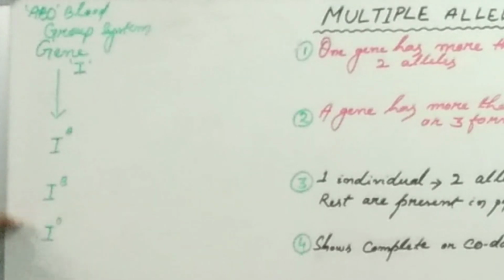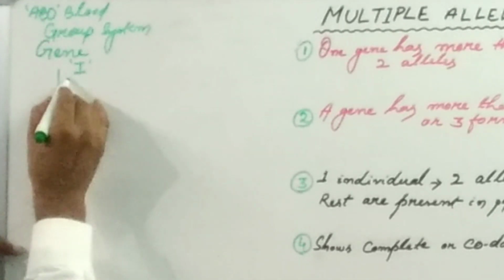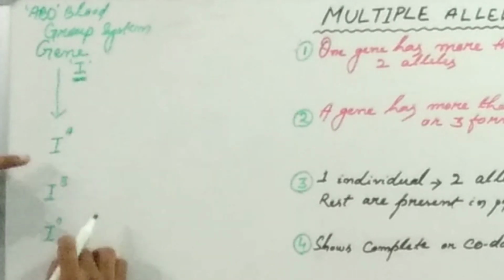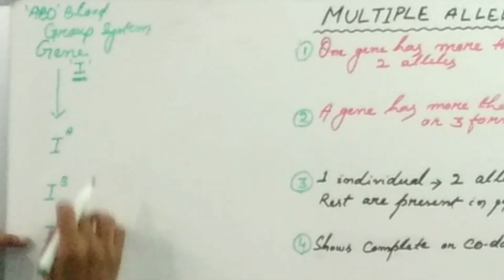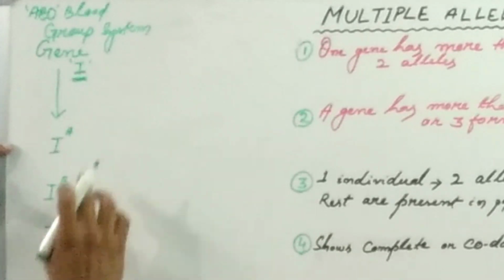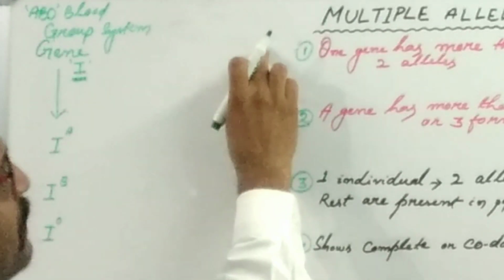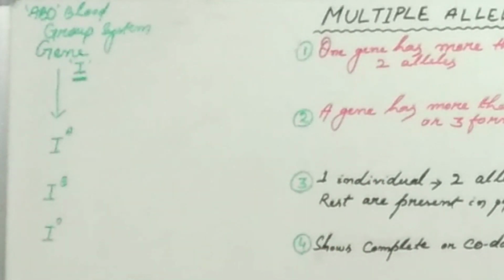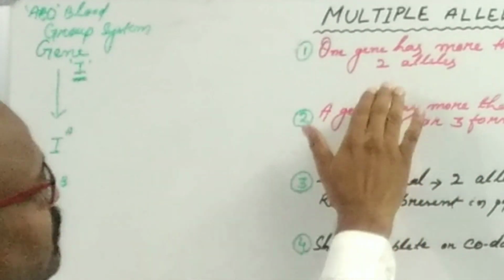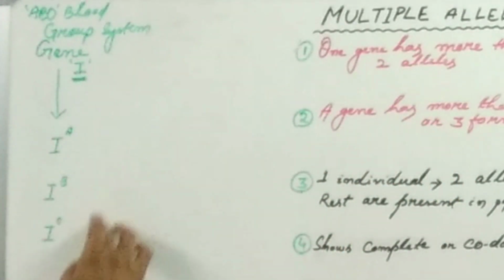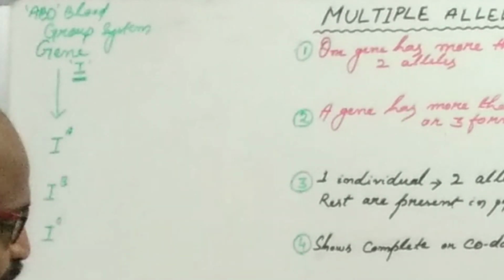So these are three allelic forms. One gene, capital I, has three allelic forms. More than two forms are present here, so three forms are present. That's why it is known as multiple alleles. Multiple means many. If a single gene has more than two alleles, it is known as multiple alleles.